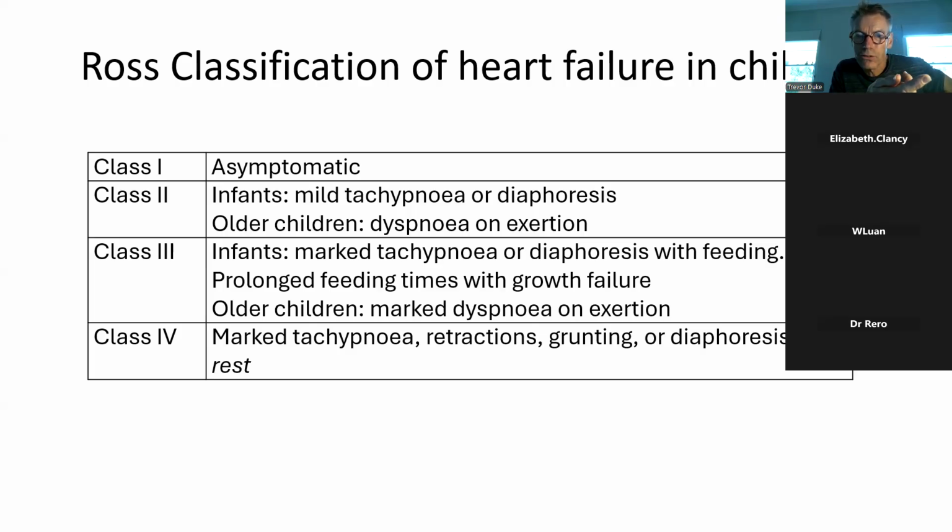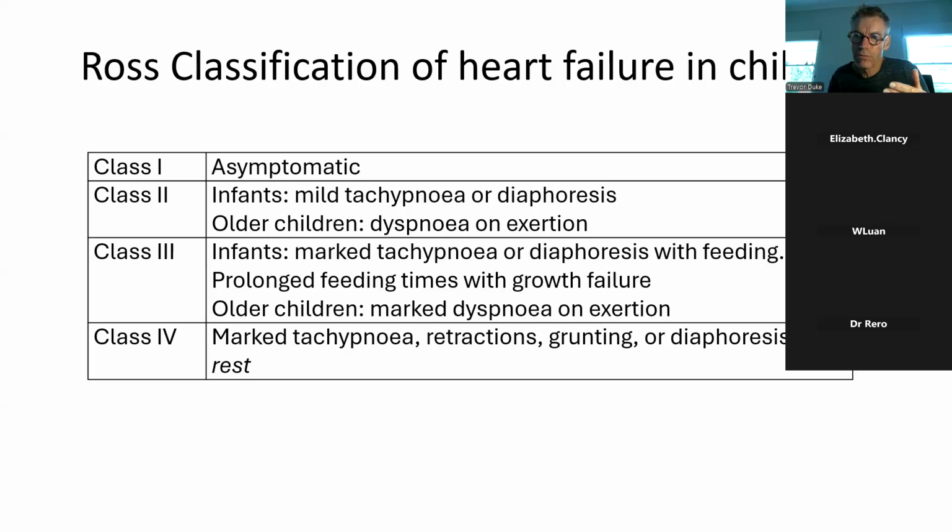Class 1 heart failure is where a child's got some underlying cause of potentially heart failure, but is largely asymptomatic and might have tachycardia, but is not otherwise symptomatic. Class 2 is where they've got mild tachypnea or sweating, but they don't have any other more concerning features.